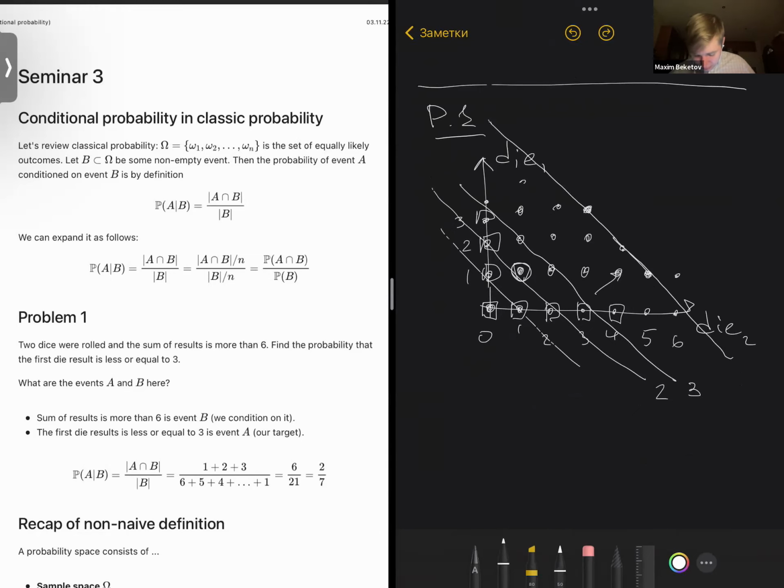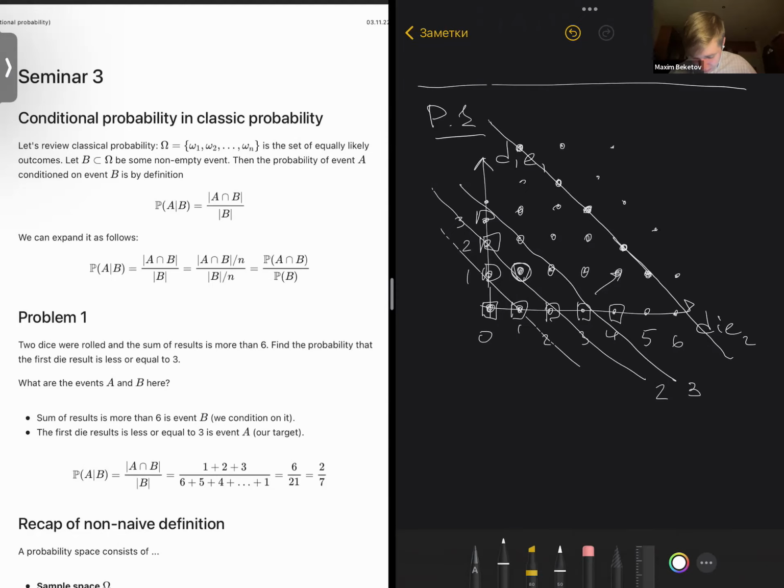So if we draw it, 2 and 5, and there we have 1 and 2 and 4, and 1 and 5. And we have how many points there? 5 here, I believe. Then you would have 4. 1, 2, 3, 4.